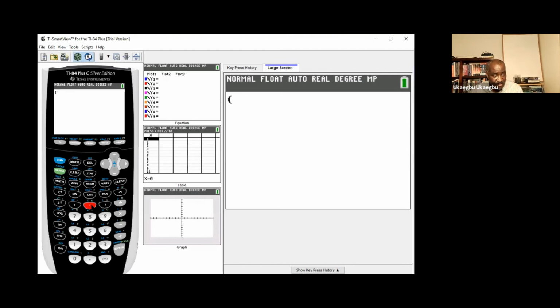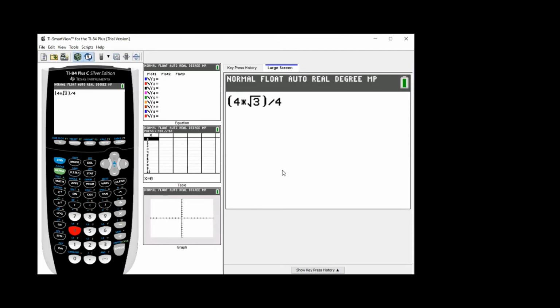So this is 4 multiplied by second function square root, and then you have 3, and then you move out of that place and close the parentheses, and then you divide it by 4. You see this keystroke? You see how I'm putting in the keystroke?